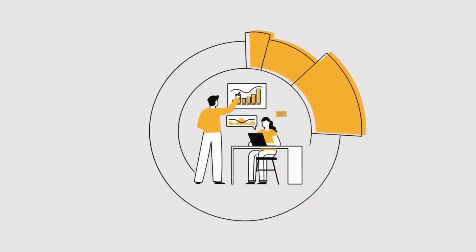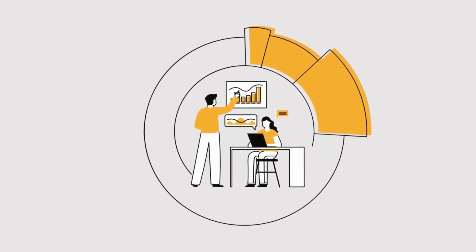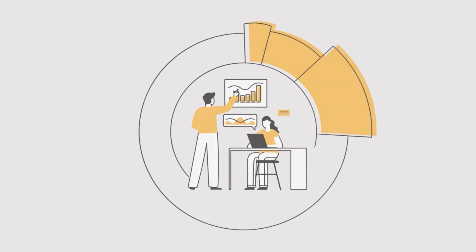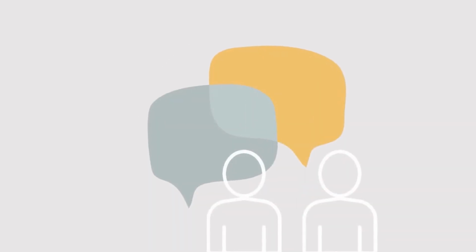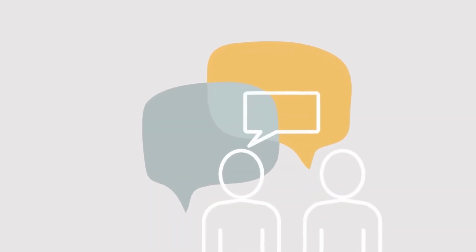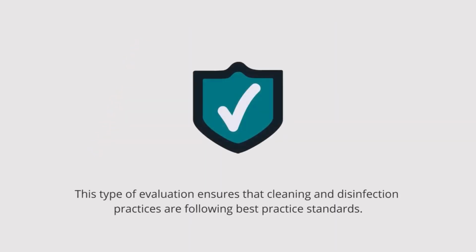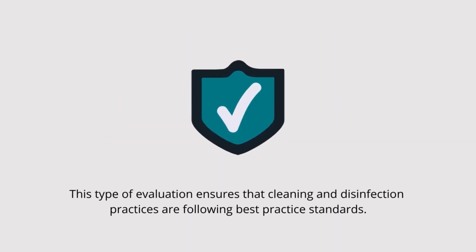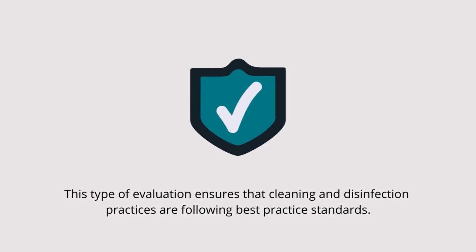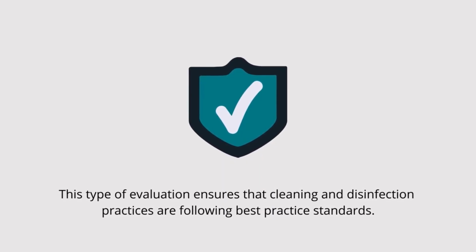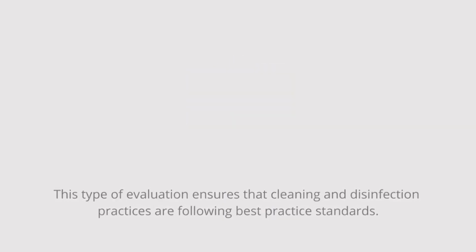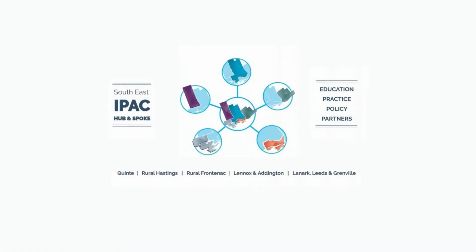Patrick enters the data into his electronic program and the results are determined. He provides positive and constructive feedback to staff based on the results. He also uses the data to understand the training and education needs of the cleaning staff at Forest Manor. This type of evaluation ensures that cleaning and disinfection practices are following best practice standards so that staff and residents remain safe in a properly cleaned environment.